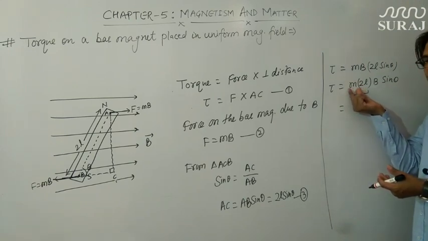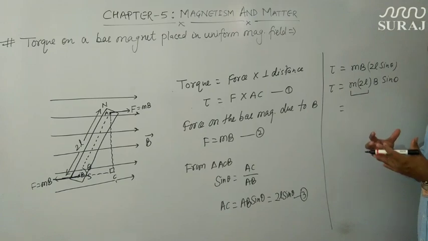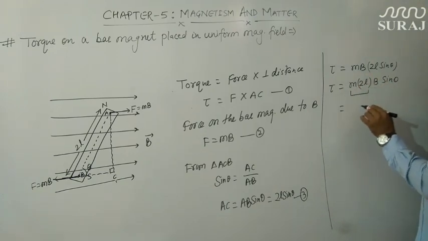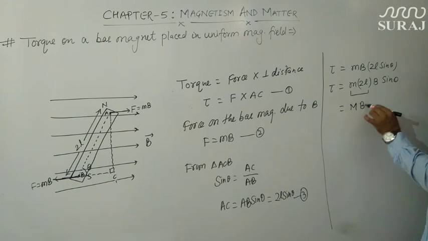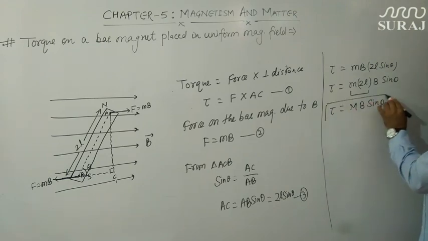If I multiply pole strength by the total length of the bar magnet, it gives the magnetic dipole moment. So in place of M into 2L, I am going to write here capital M, which is the magnetic dipole moment of the bar magnet. So it can be written as MB sine theta. This is the formula of torque.